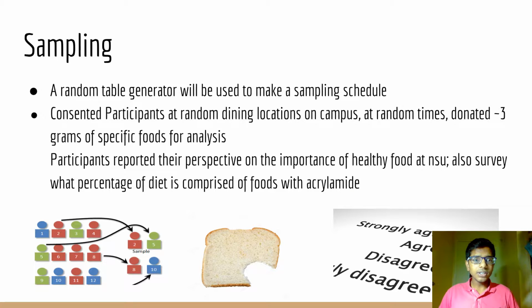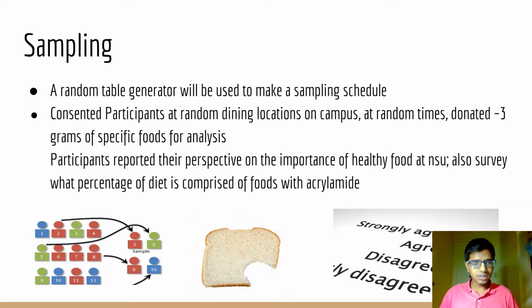To begin with, in terms of sampling, we used a random table generator to create a sampling schedule. So this sampling schedule allowed us to randomly find participants at various times and at various dining locations all around campus. And we asked these participants if they would be able to donate 3 grams of their specified foods for analysis.